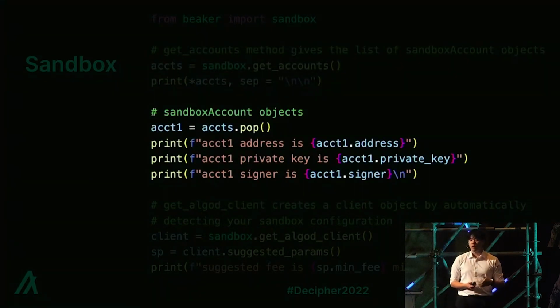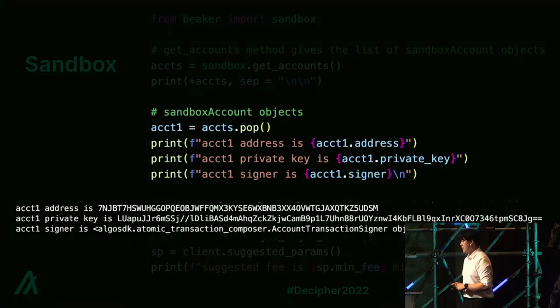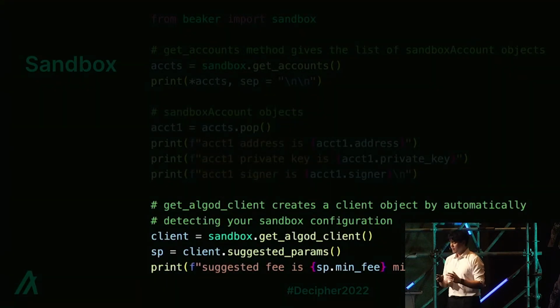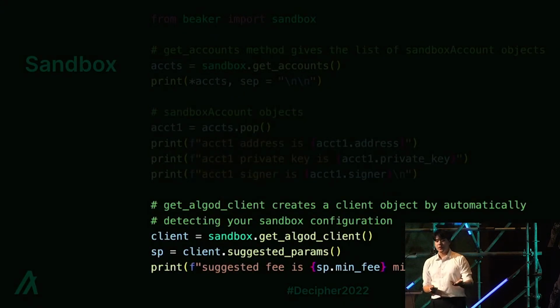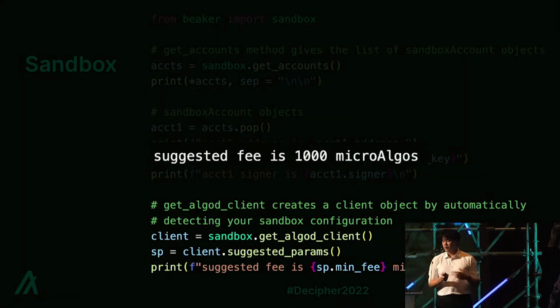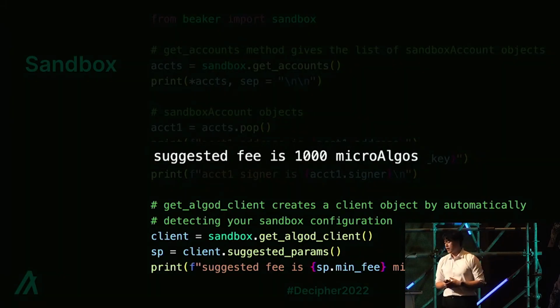Here, I'm just popping one off from that list, and I'm going to print out each of the attributes, and that's how you would gain access to these values to use in your testing. And finally, you can use Sandbox to set up your algod client with one line of code, and just to showcase what you can do with those clients, you can get the minimum fee of the Algorand blockchain, just like that.